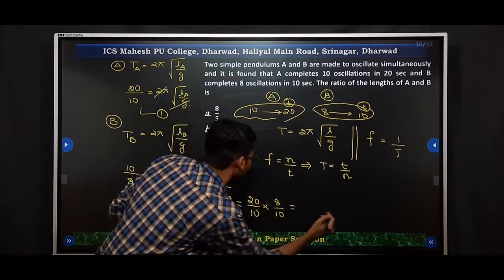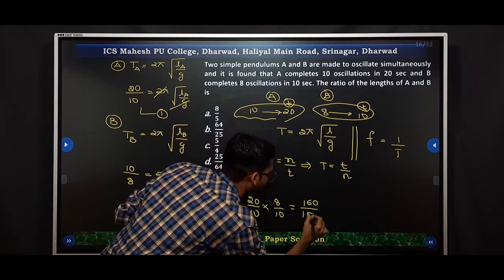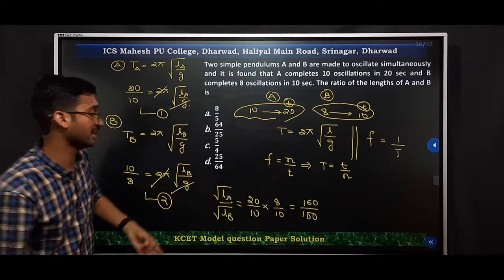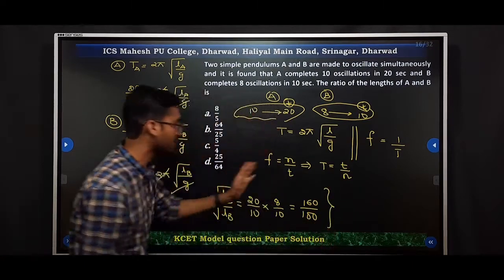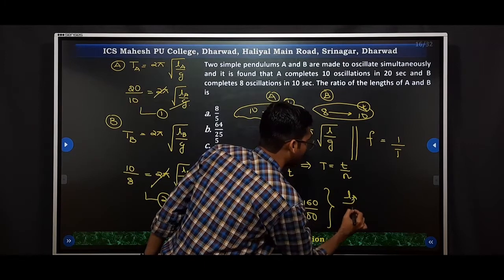Therefore, that is 160 divided by 100. Now to get the ratio of LA by LB, we have to square it.